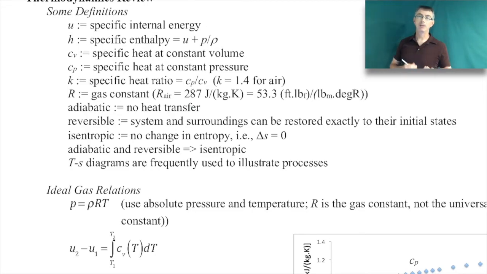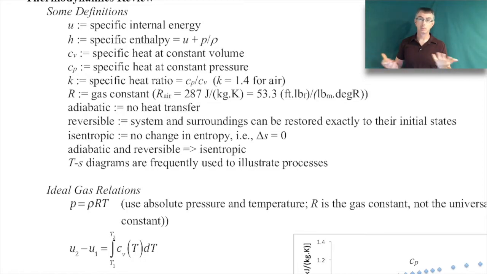When you have viscous effects, then those flows are irreversible. So we'll talk about situations where we can assume reversible flow, where the viscous effects are negligible, and then of course in real life situations there's always some irreversibility. Those shock waves I showed in the picture at the very beginning of the lecture, those are irreversible processes.